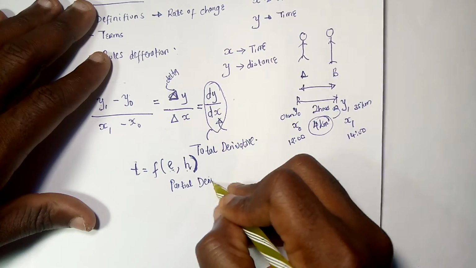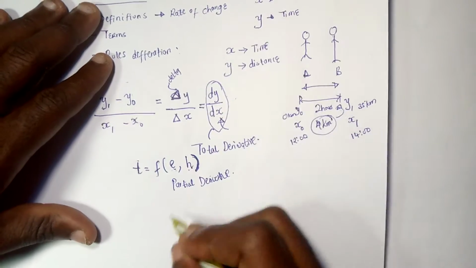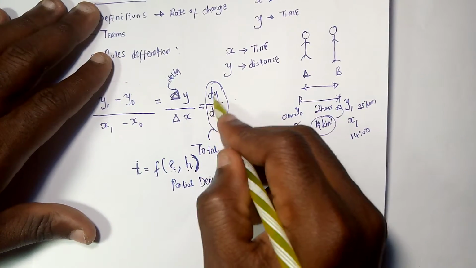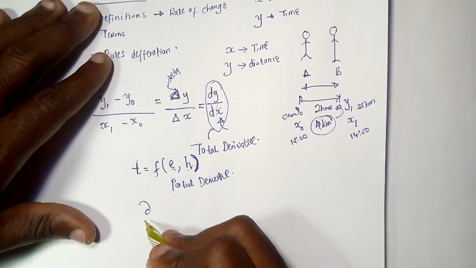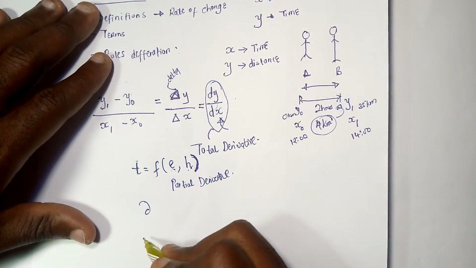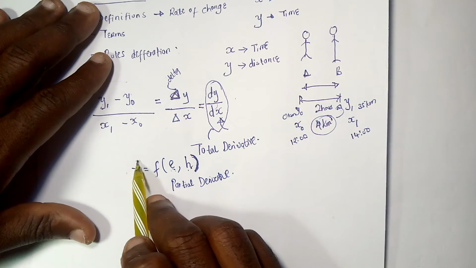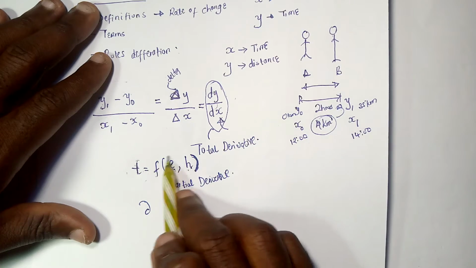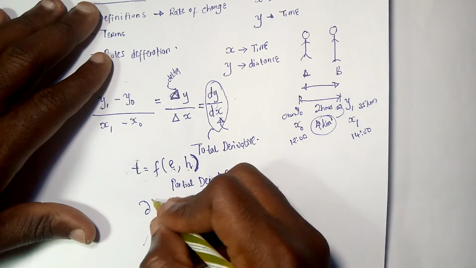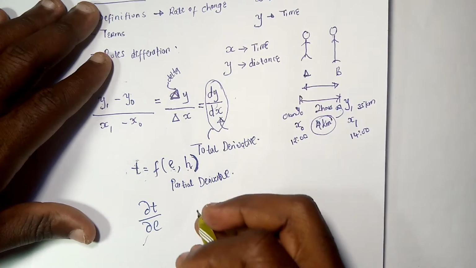Partial derivative, okay? And this partial derivative is denoted, instead of having this dy over dx a straight d, now you're going to have a d which is curly, all right? So in this case, because we want to investigate the effect of environment on temperature, then you're going to have ∂T with respect to ∂E, okay?